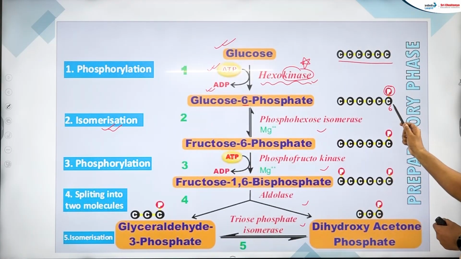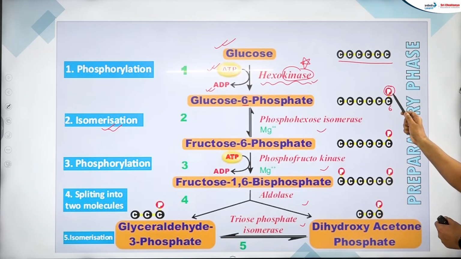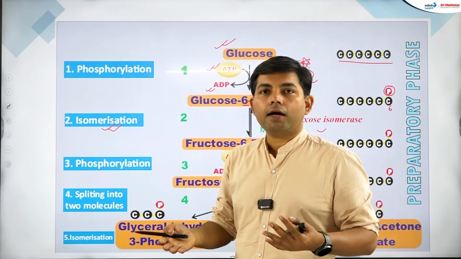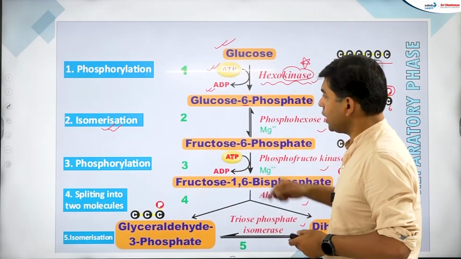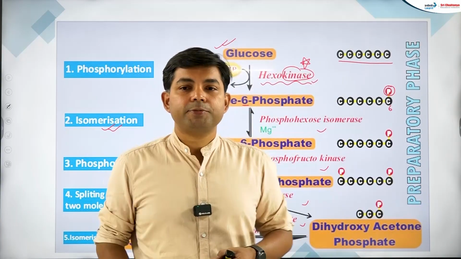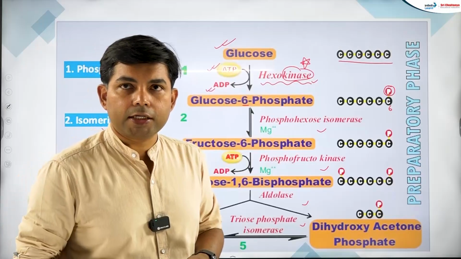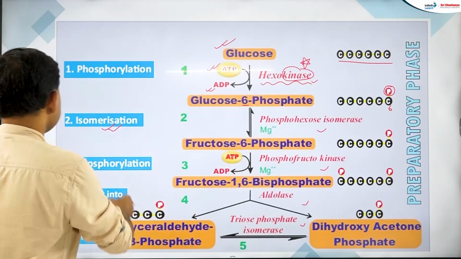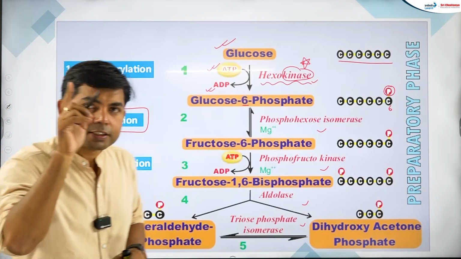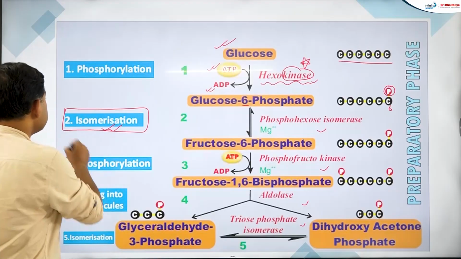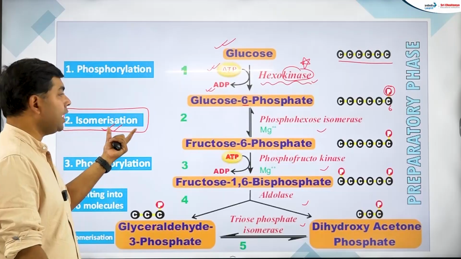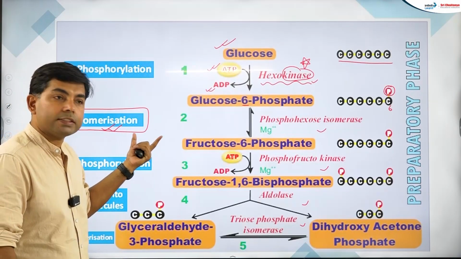See, the number of carbons is the same, the phosphate is the same, it's just that glucose is converted to fructose. Glucose and fructose are isomers. So this is isomerization. Now if I ask, glucose is used as a substrate versus fructose used as a substrate, what is the difference? The difference is the isomerization step. If fructose is used as the substrate, then the isomerization step will be absent. But if glucose is the substrate, this isomerization step will be present.